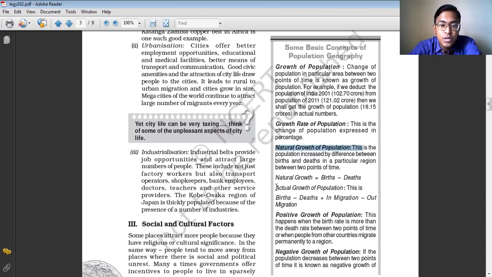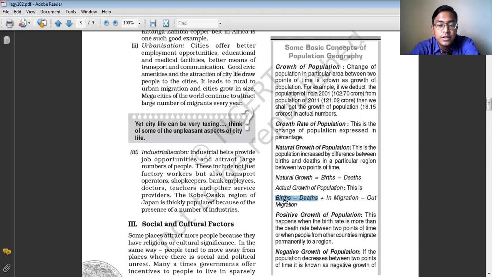And the actual growth of population, which is also known as the induced growth of population, includes birth rate minus death rate plus in-migration minus out-migration. That means how many children have taken birth and how many people have died, plus how many people have migrated to our country, minus how many have migrated out of our country.